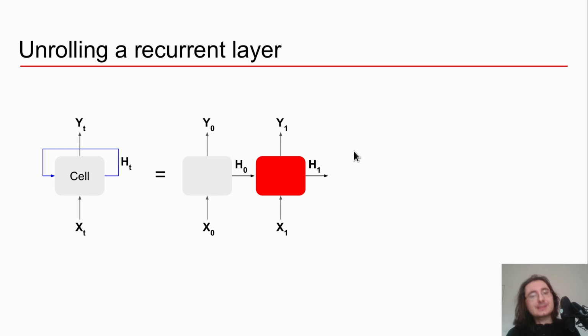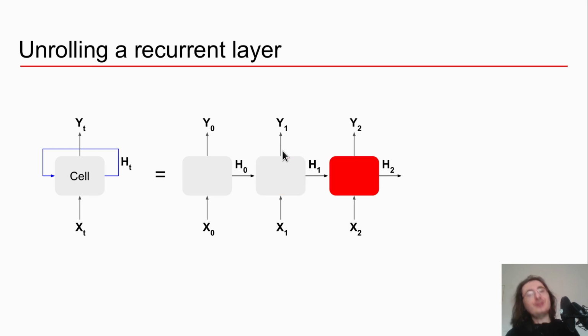Now, the next step is sending in x1 as a data point, and x1 is going to be used in conjunction with h0 to output h1, which is the new state vector, and at the same time the cell will also output y1, right?